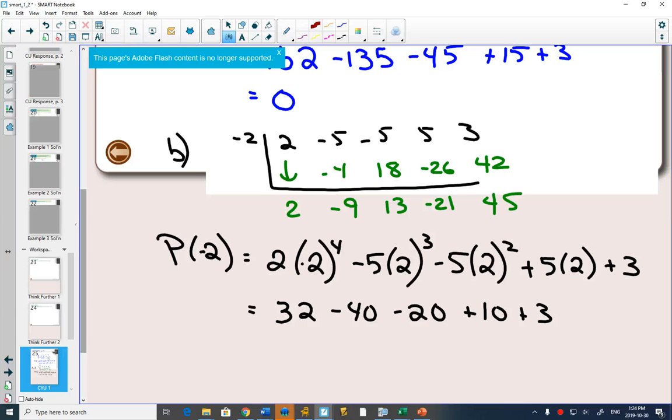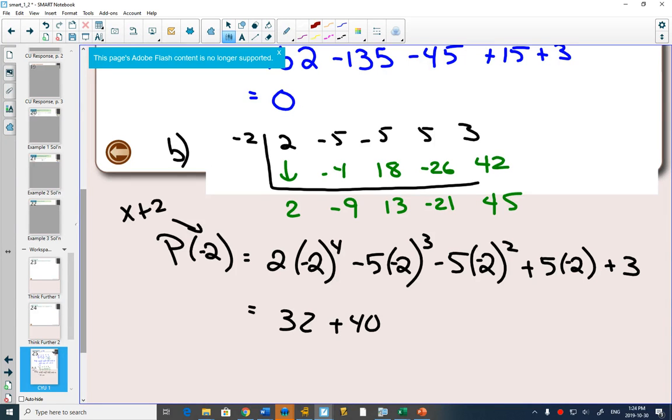So these would all be negative, negative, negative, and negative. Because we're dividing by x plus 2, this is always the opposite sign. Checking this out, this will still be 32. This is negative 8 times negative 5, which will be positive 40.